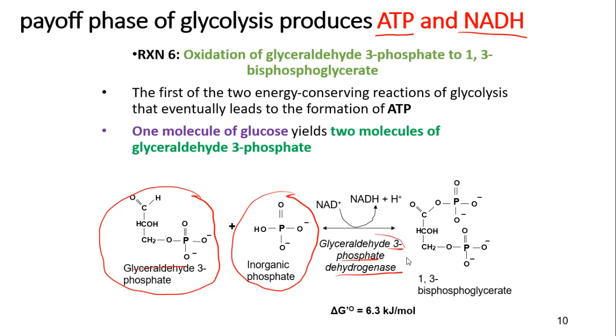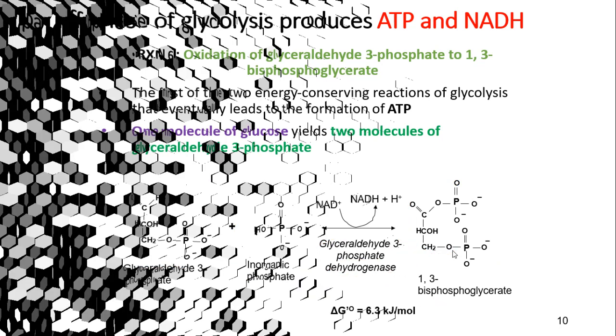So this is just an enzyme which will help in this reaction, where glyceraldehyde 3-phosphate reacts with inorganic phosphate to produce this other molecule, which is just 1,3-bisphosphoglycerate. Okay, so that's the major product of this reaction.